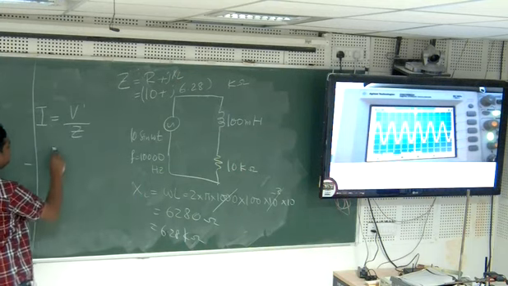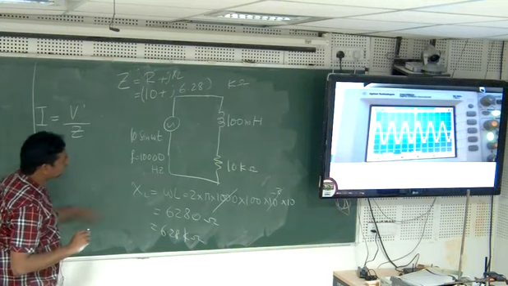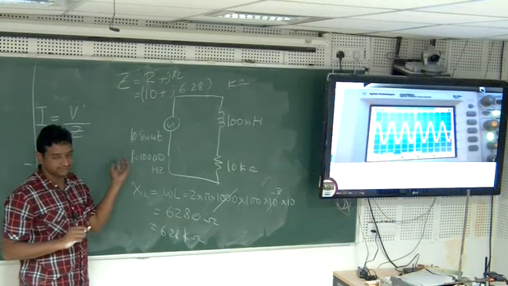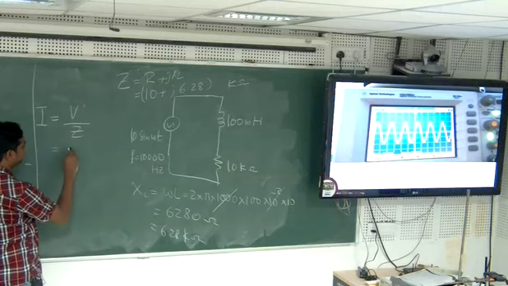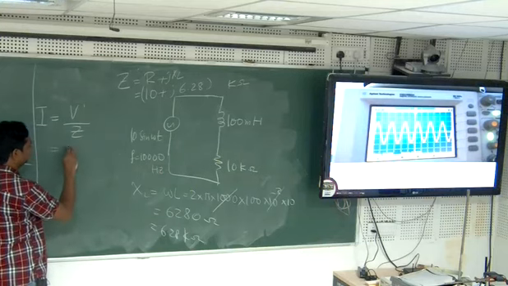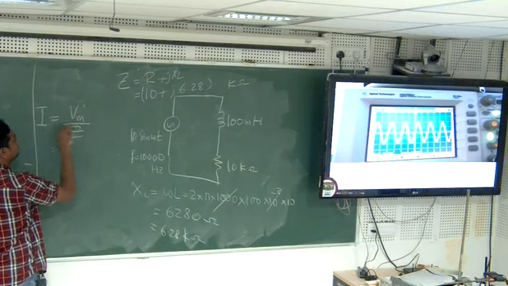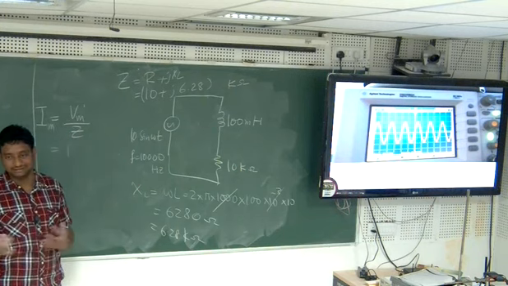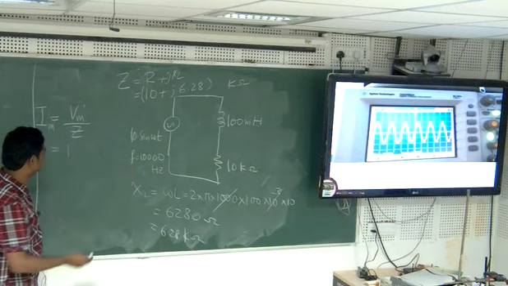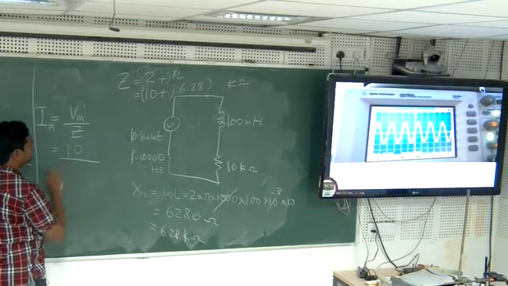Okay. So what is V? I'll not write everything, I'll just write the RMS value. Or I'll write the peak value. So I max is V max by Z max. Or you can also use it for RMS. I'm just writing peak value so it is easy to refer. Okay. So 10 divided by, what is my Z?